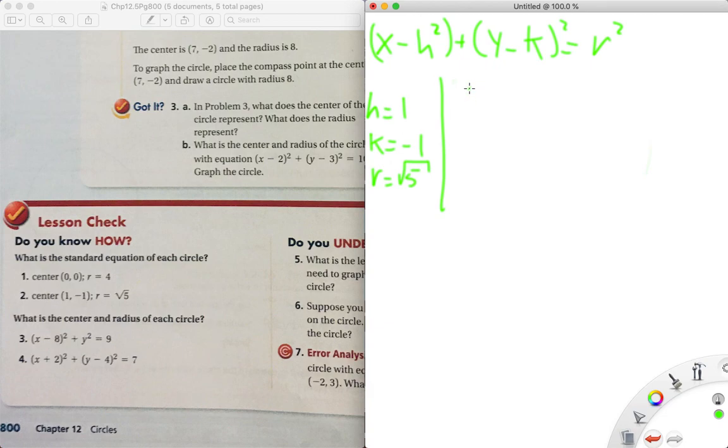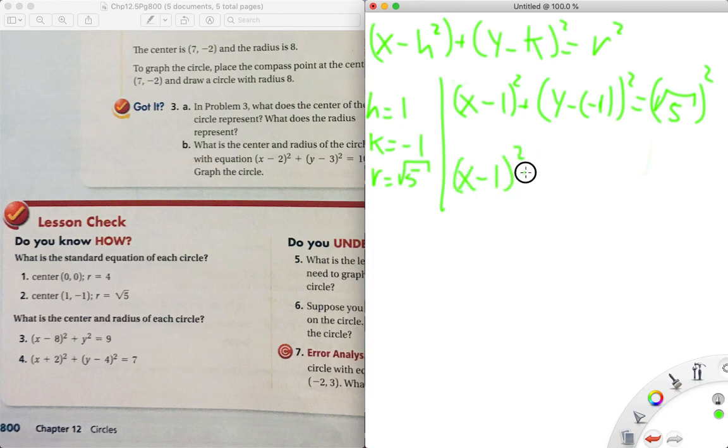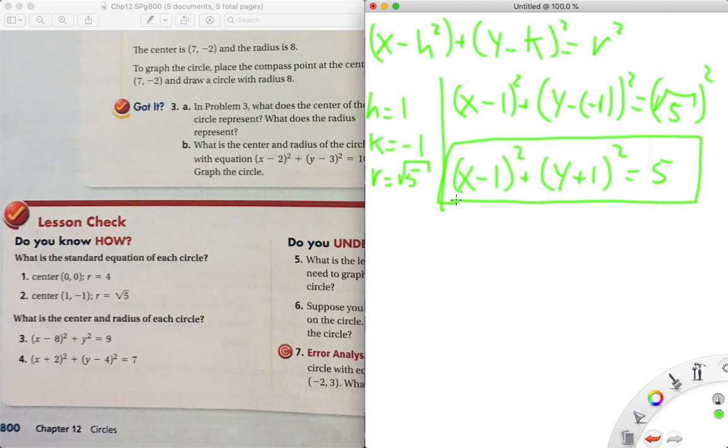So when we do that, it's going to be x minus 1 squared plus y minus negative 1 squared equals the square root of 5, and that's also being squared. So then this is going to be finally x minus 1 squared plus y plus 1 squared, and the square root of 5 and the square cancel out, and equals 5. So that is the equation for number 2.